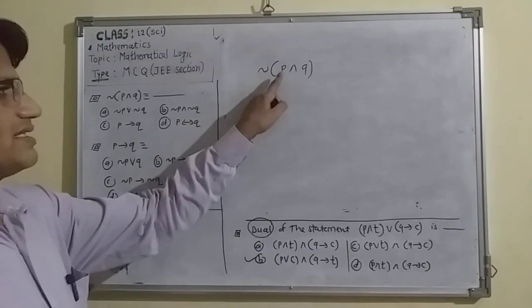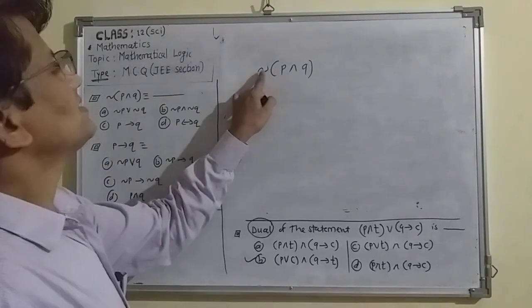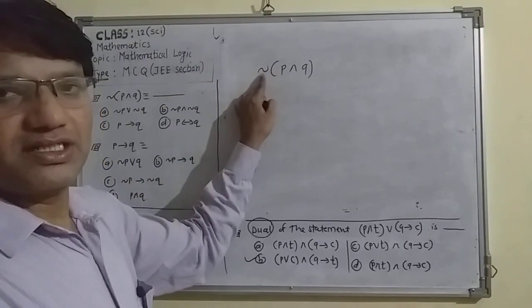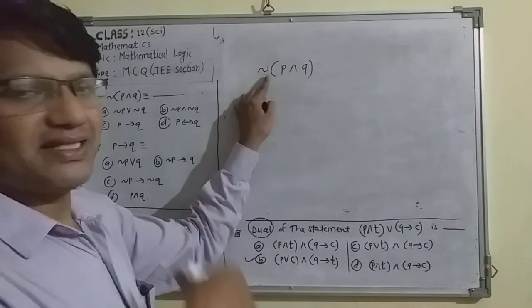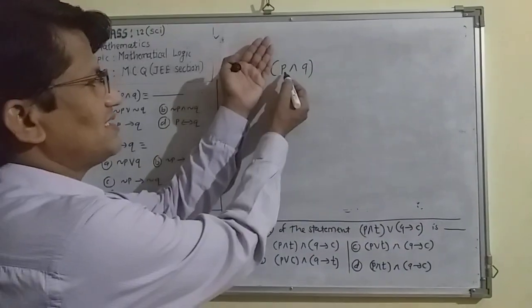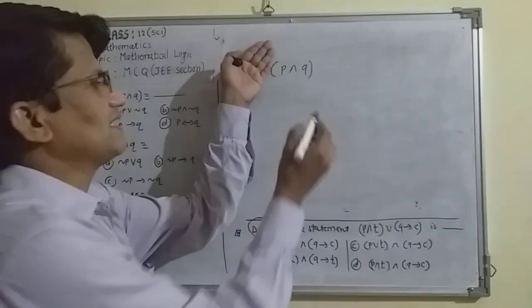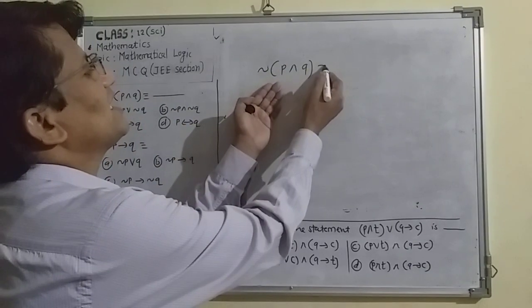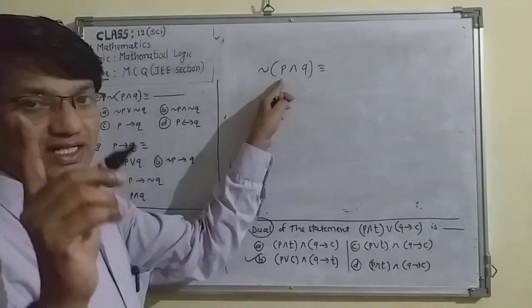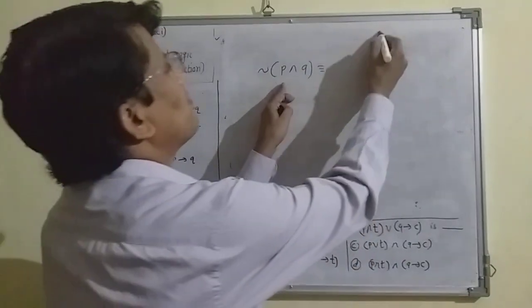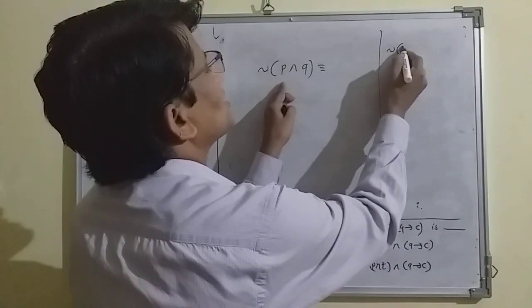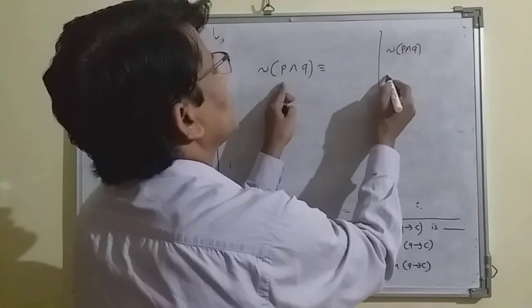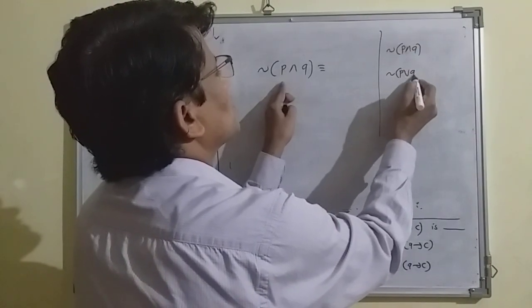By observing this, we can say this is a negation symbol outside the given bracket, and a bracket is here. This is a conjunction P and Q denoted by and. So we can use our negation of conjunction. We have seen our properties. Which properties? Negation of P and Q, negation of P or Q.